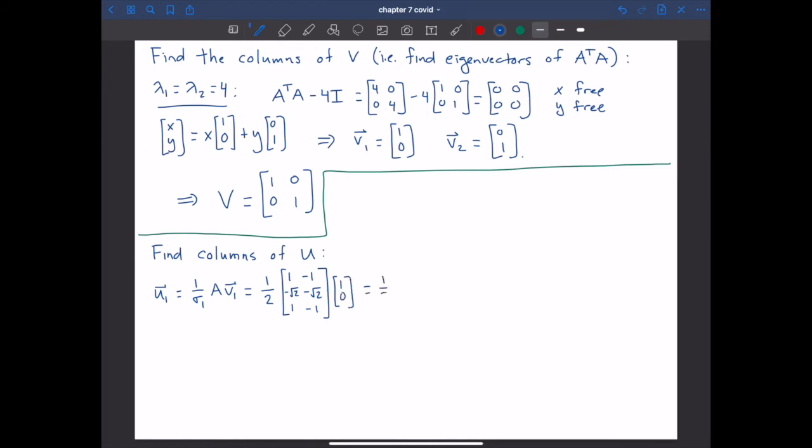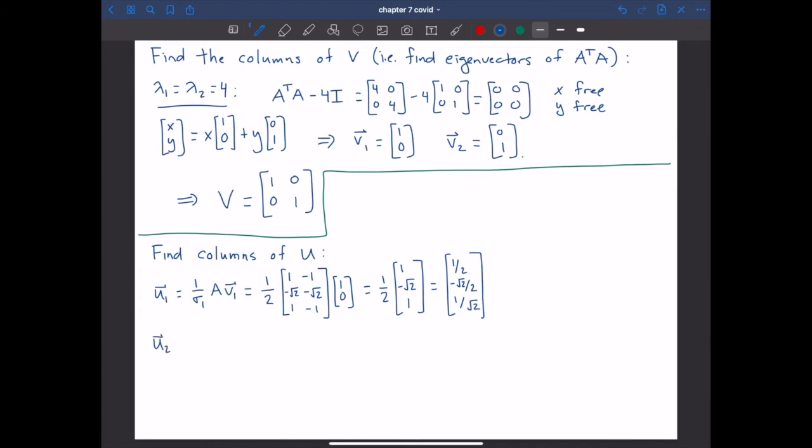When we multiply these, we get 1/2 times the vector 1, negative root 2, and 1. When we bring this 1/2 in, we get 1/2, negative root 2 over 2, and 1/2. Now again, this vector should automatically be a unit vector. It doesn't hurt to check, but if we've done things correctly, it should be.